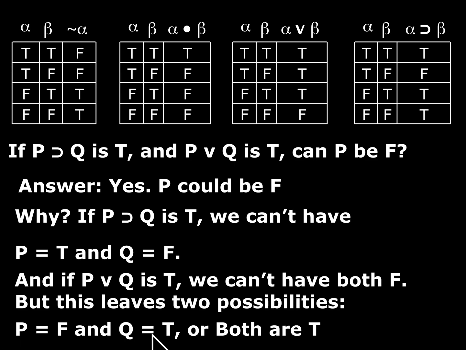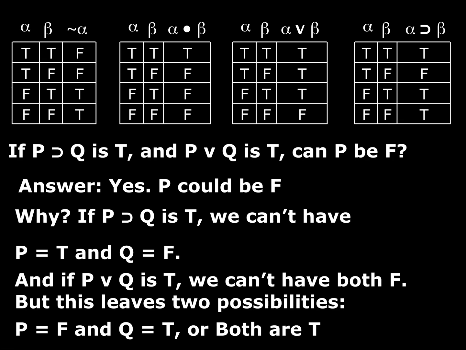P is false and Q is true, or both of them are true, right? But the question was, can P be false? And yes, it can, right? P is false and Q is true is one of the possibilities that's left over once we make our conditions true, right? P could be either true or false.